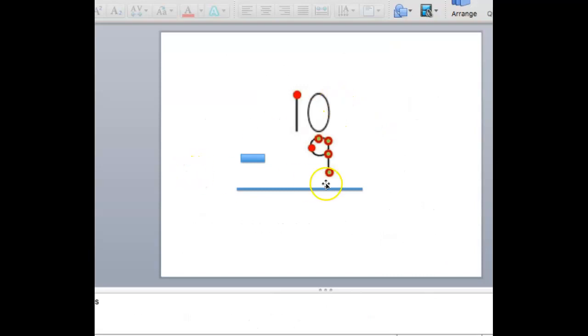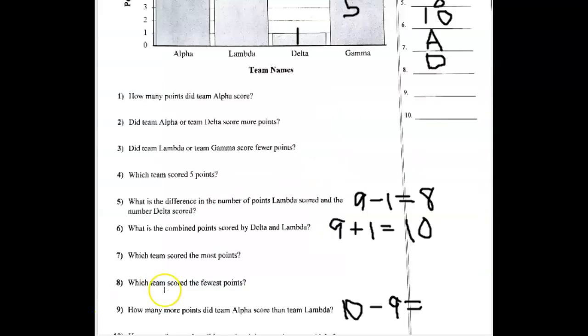So we have to count backwards. So you're going to go 10, 9, 8, 7, 6, 5, 4, 3, 2, and 1. So our answer, 10 minus 9, is 1. They scored 1 more point than Team Lambda.